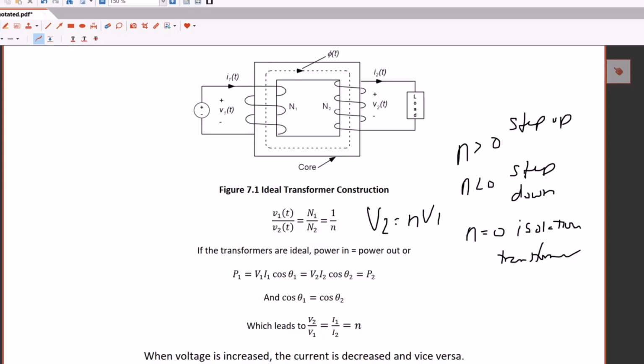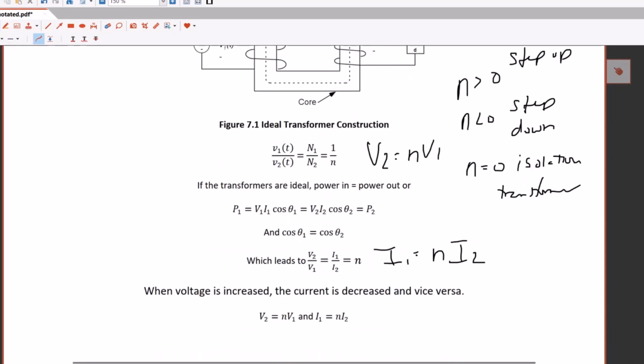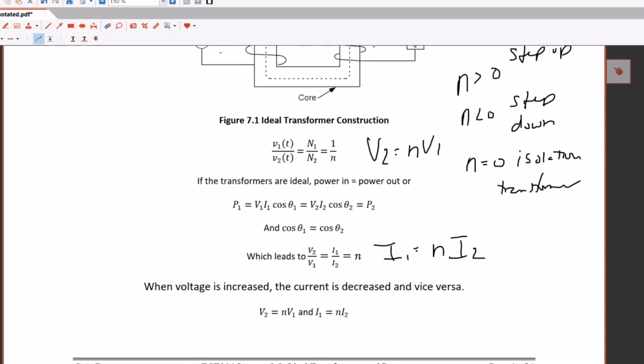And the cosine of theta 1 equals the cosine of theta 2, which once again leads to V2 over V1 equals I2 over I1, which equals N. Okay, so this is also the same formula that we had from before, where I1 equals N I2. So when voltage is increased, the current is decreased, and vice versa. That's what those formulas show us.